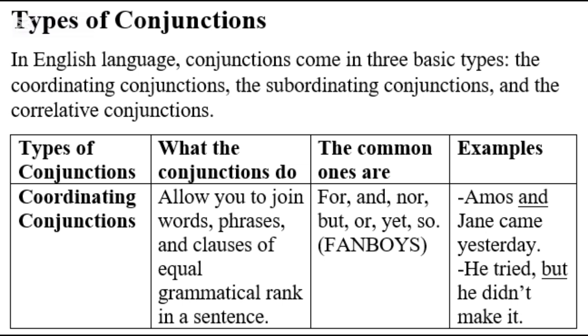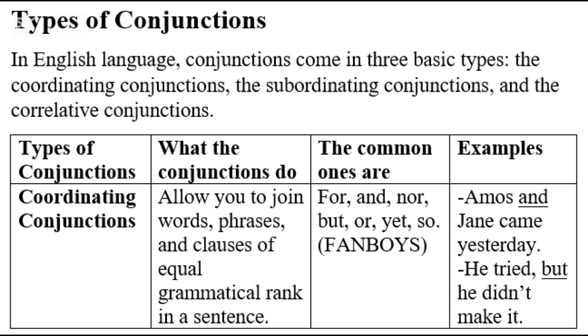Coordinating conjunctions. What type of conjunctions are referred to as coordinating? This type of conjunction allows you to join words, phrases, and clauses of equal grammatical rank in a sentence.